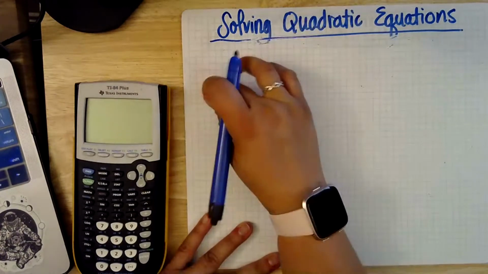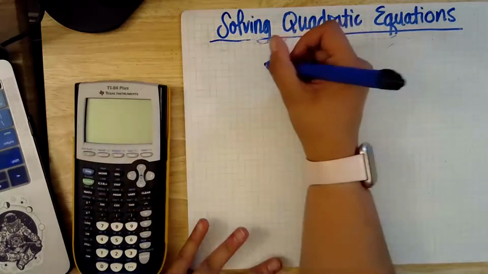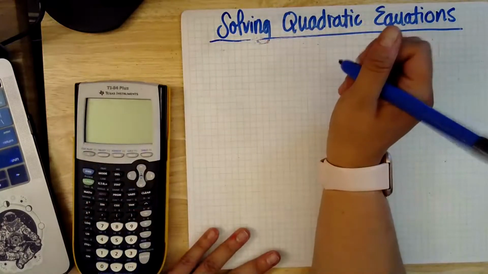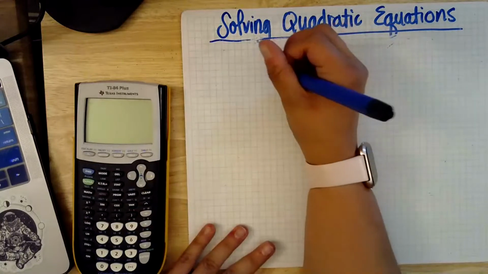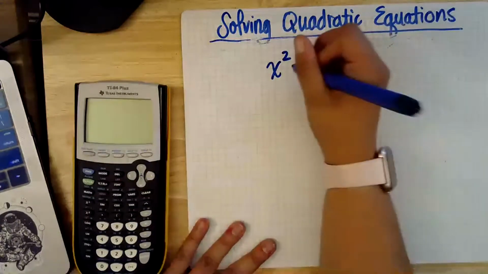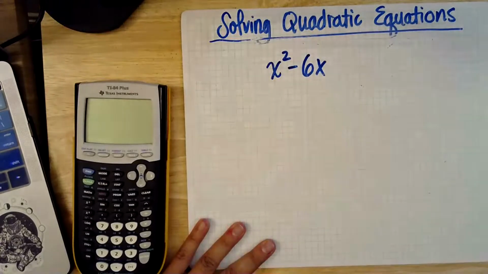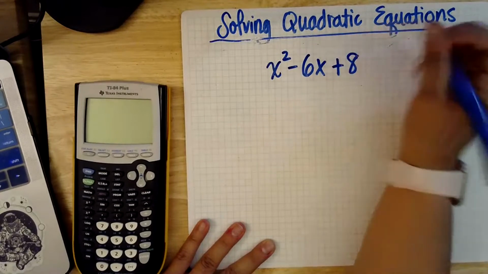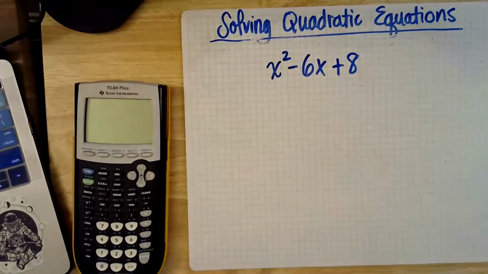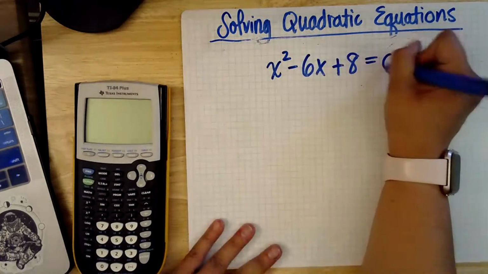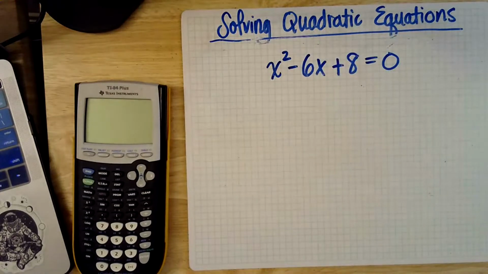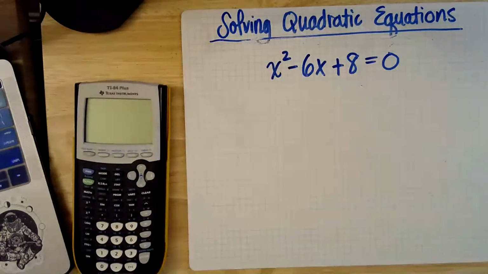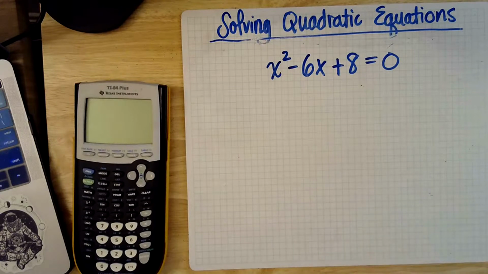So I have, let's say I have x squared minus 6x plus 8. Okay, and I want to solve this. I want to solve it. So I'm going to show you how I can solve this by either factoring or by completing the square.